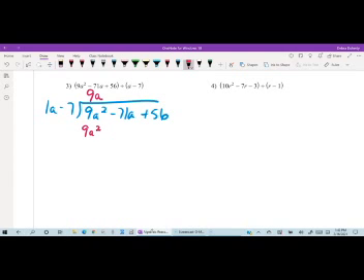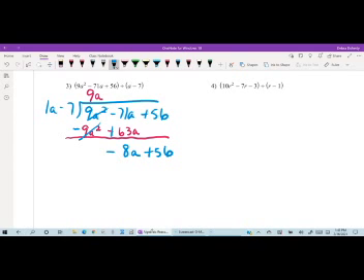We're going to do our distribution, and that's going to make it 9a squared minus 63a's. We're going to change our signs here. It means our 9a squareds will add out. And since the 71 is greater than 63, it's still going to be negative. The difference between 63 and 71 is 8. We're going to bring down that plus 56.